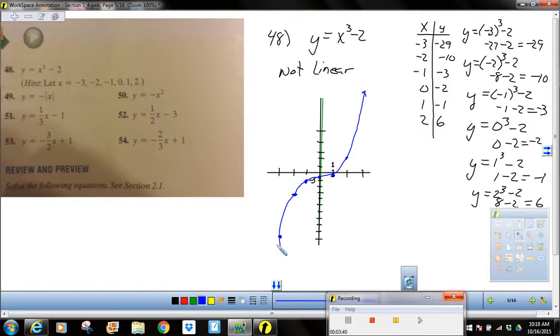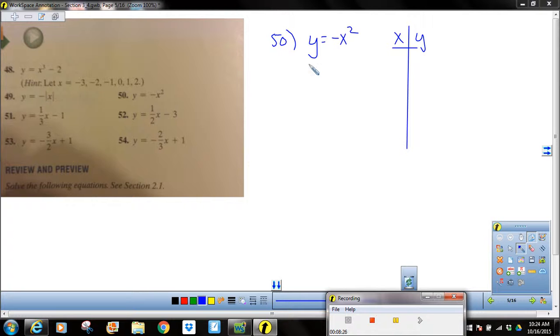The last part of that graph is the only part I drew that was very good. Anyway, that's what this one will look like. If you have x to the third power, this is normally the shape of graph you get. So that's number 48. Now time for number 50.